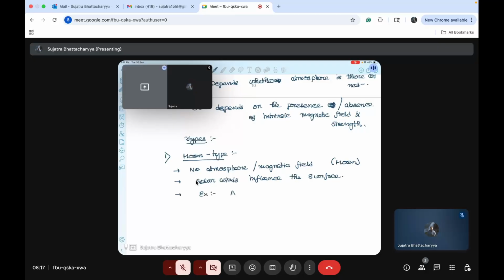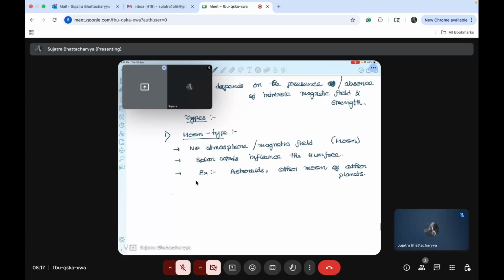So examples in these Moon types are the asteroids, Jupiter, the largest planet, Saturn. Oh, I'm sorry, no, that is wrong. So it is asteroids, other moons of other planets. Okay, this is the first.